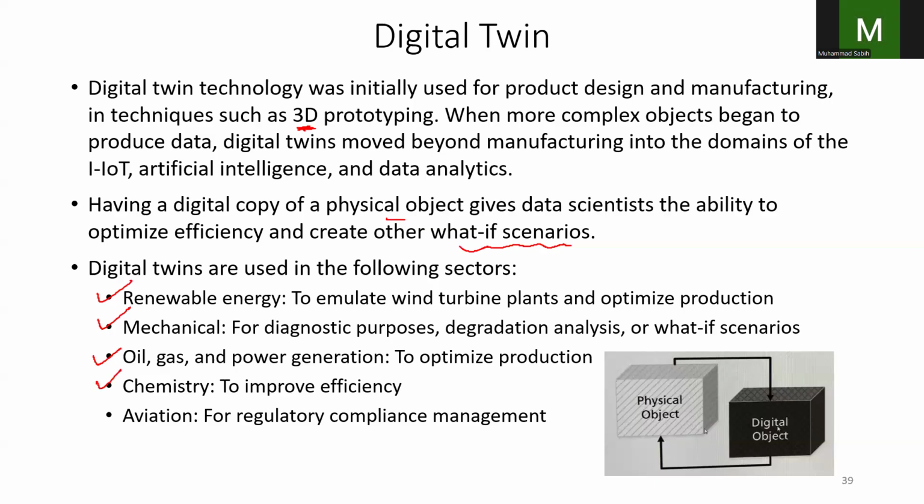In chemistry, we can tune and improve chemical processes, increasing the yield and efficiency. In aviation, we can ensure that the system stays compliant with evolving regulations and safe. This is a game changer for predictive maintenance, operations, and controls in IoT environments, where real-time data drives smarter decisions. So digital twin is very suitable for the core of IoT.